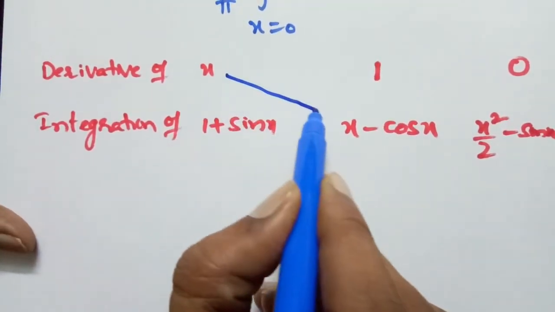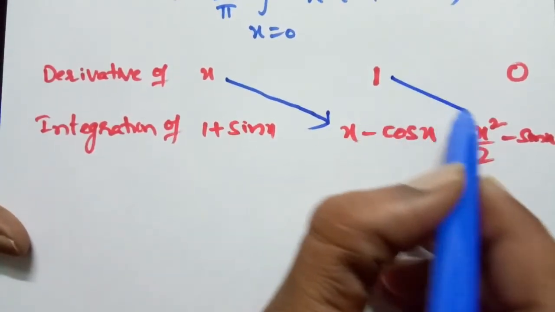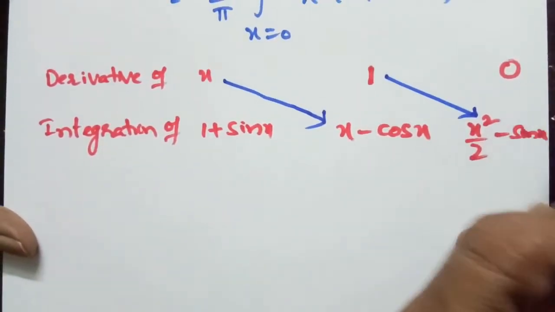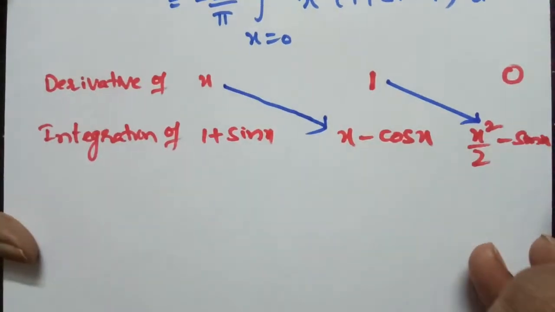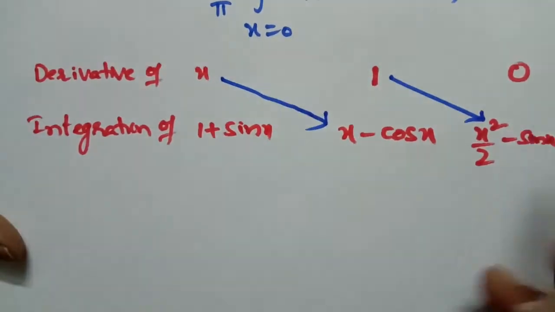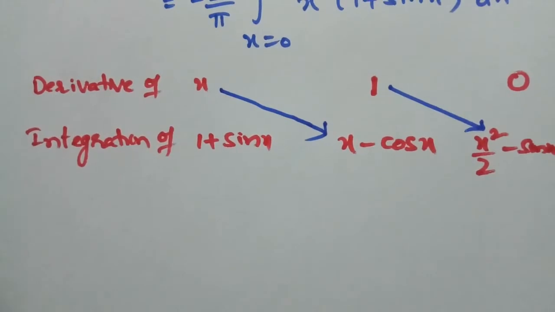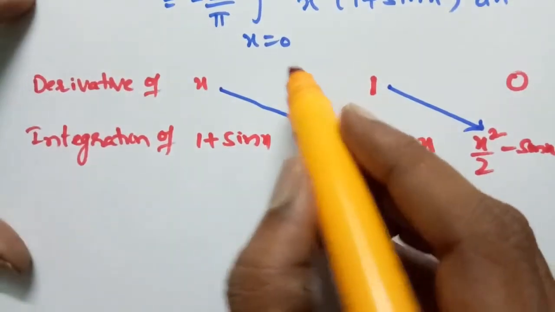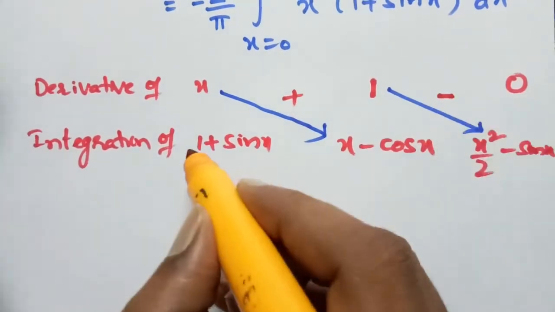Arrow marks for multiplication. The last one is 0, and 0 into anything is 0, therefore we are not drawing the arrow mark, we are not multiplying. Alternately plus and minus for multiplication.